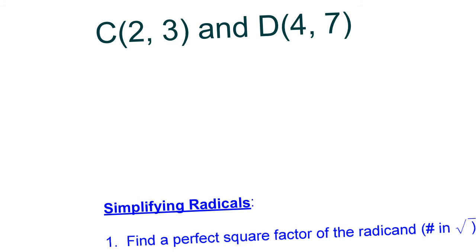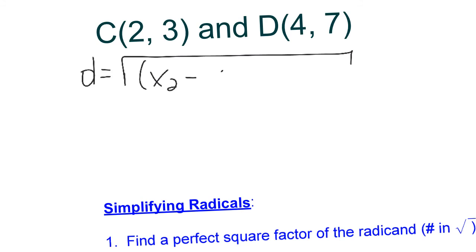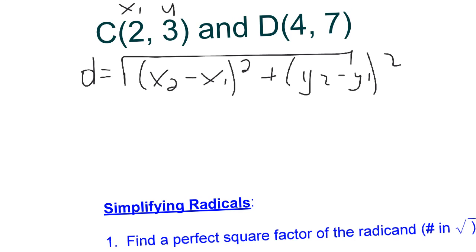Okay, and the distance formula is square root of x sub 2 minus x sub 1 to the second power plus y sub 2 minus y sub 1 to the second power, and in algebra this is x1 y1 x2 y2.